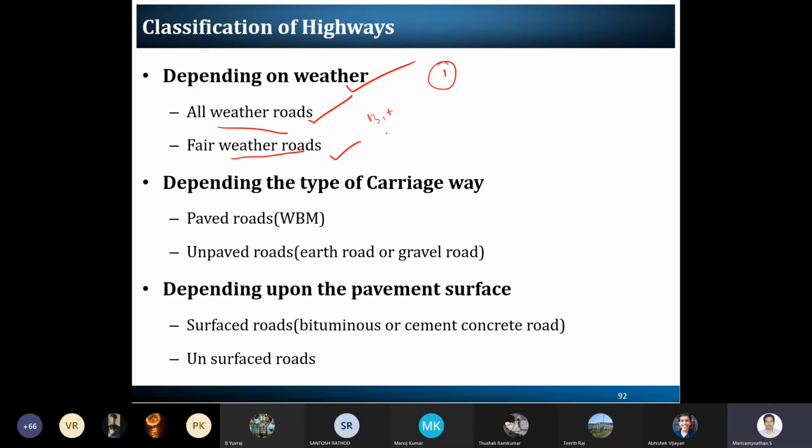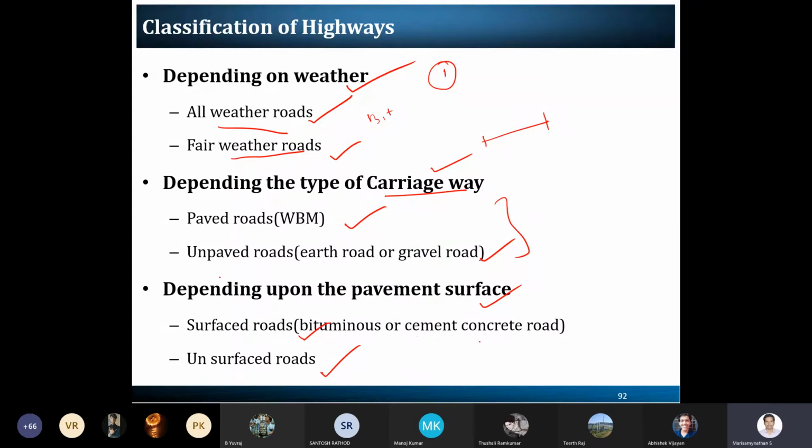Or we can classify with respect to the carriageway. Maybe you studied the cross sections of the road network; we will see that in the last chapter of the first unit. With respect to paved roads and unpaved roads, we can classify it. Then the next one is the pavement surface: surfaced roads and unsurfaced roads.